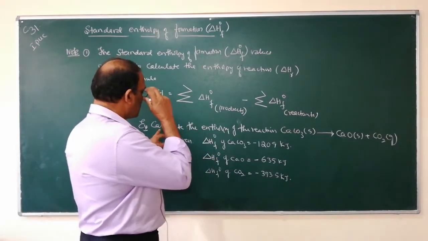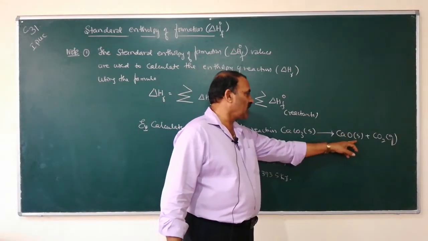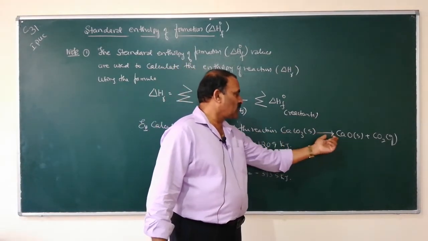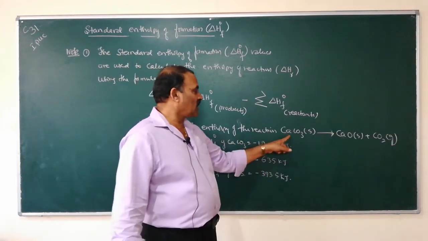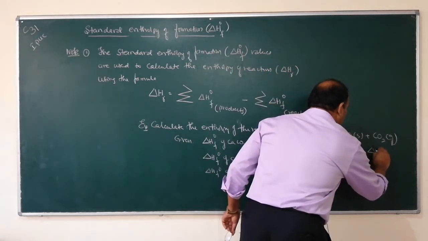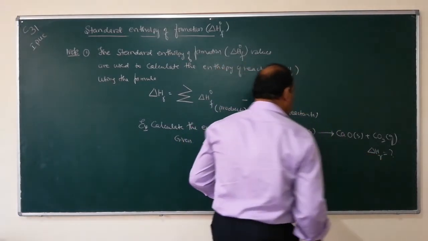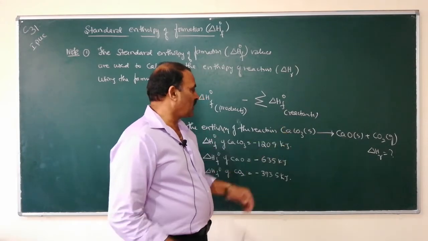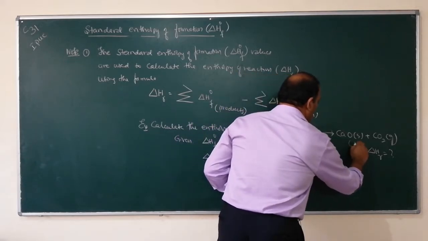So this is the reaction, CaCO3(s) gives CaO(s) plus CO2(g). So calcium carbonate dissociates to give calcium oxide and carbon dioxide. So we have to calculate the enthalpy of this reaction, that is delta HR. What is given? Enthalpy of formation of calcium carbonate is given here. These are the reactants and these are the products.